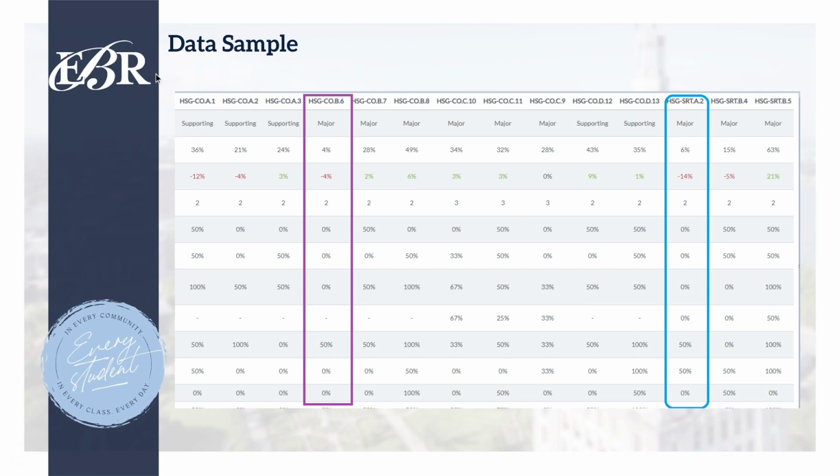Over here on the side would be the students' names. I just cut that off because we don't need to know what students these were. We just need to focus on the data. If you notice, right here is that standard. And look, I put this one up here too, 4%. So this is another standard we could look over. If you notice, these are major standards. So this is a major topic that they would see on the LEAP test.